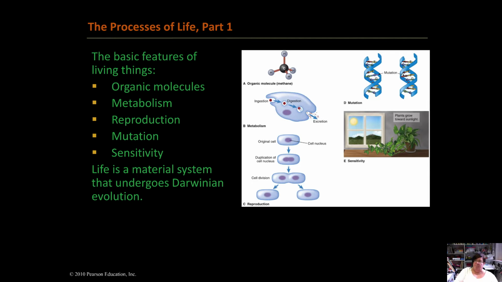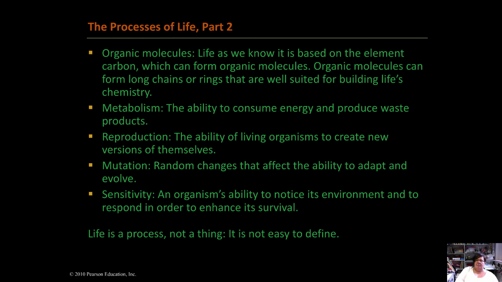That's the big part of being alive. Mutation is also a big part of being alive, because if you have mutation, you can make random changes that can affect your ability to adapt to an environment, etc. So you have to have the ability to have a mutation happen. And sensitivity to your environment. So let's take a look at these in more detail.